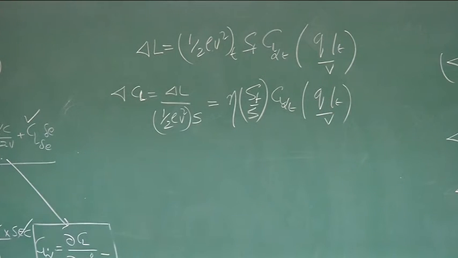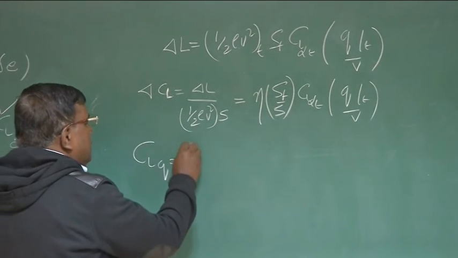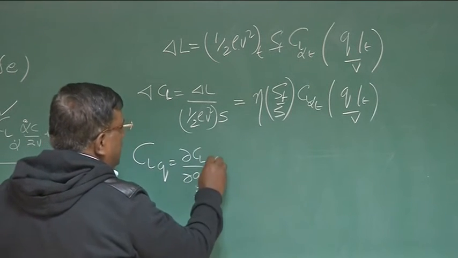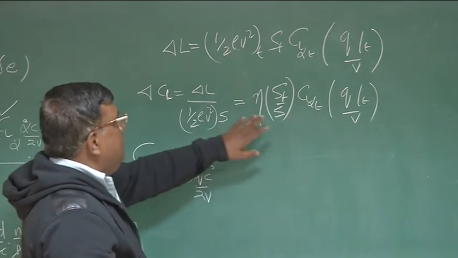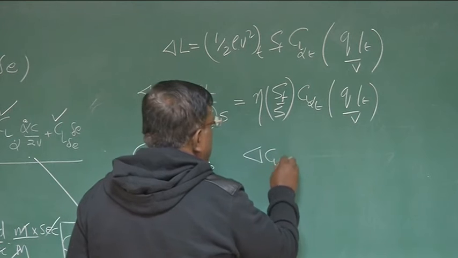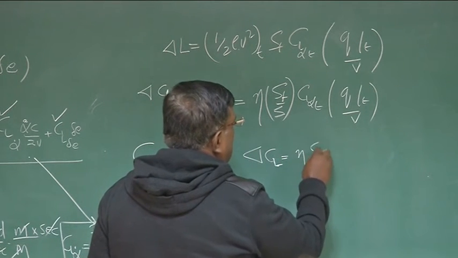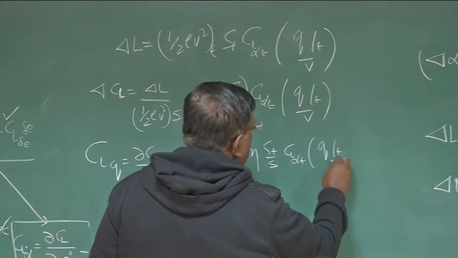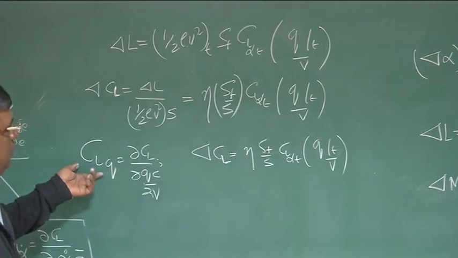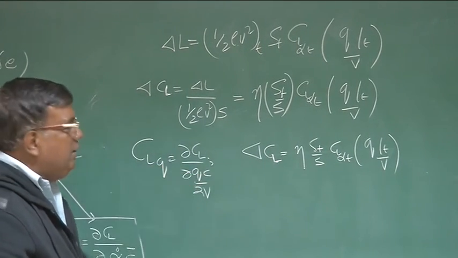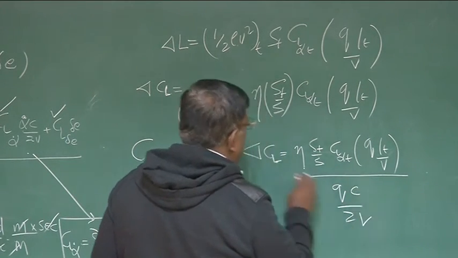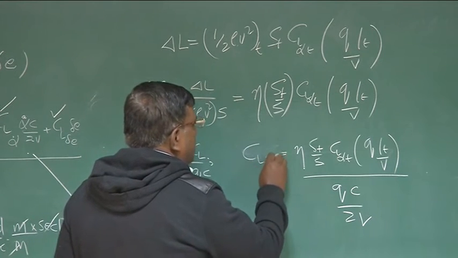What is our aim? We want to find out what is the expression for CLQ. What is the definition of CLQ? It is dCL by d(Qc by 2V). So from here, let me write this: delta CL equal to eta ST by S CL alpha tail Q LT by V. If I want to find CLQ, which is dCL by d(Qc by 2V), because it is linear, I can divide this by Qc by 2V, and on the left hand side I will get CLQ as per the definition.